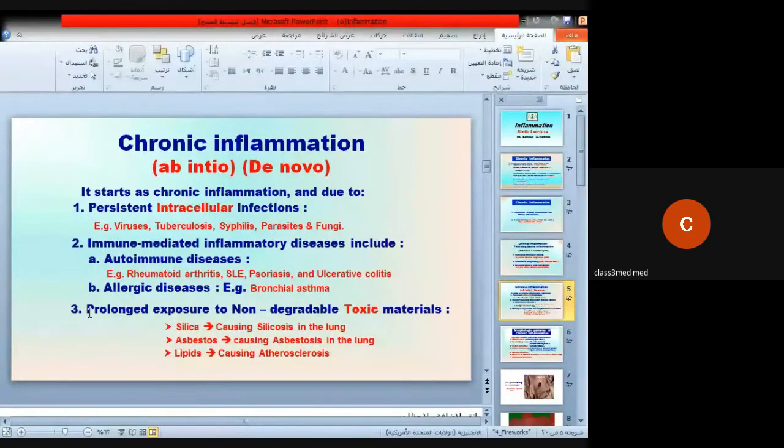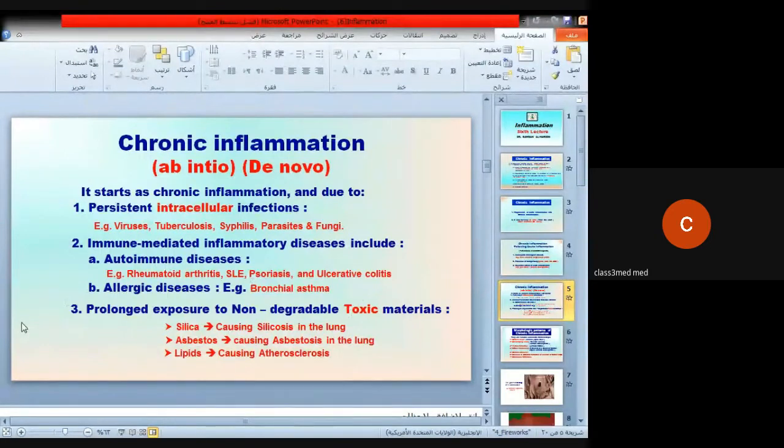Third, prolonged exposure to non-degradable toxic materials. This is occupational diseases. تعرفون شو معنات occupational diseases? Diseases that occur in the workers in the factories. يعني تحصل عند العمال والذي يشتغلون بالمعامل because of inhalation of some material such as inhalation of silica.